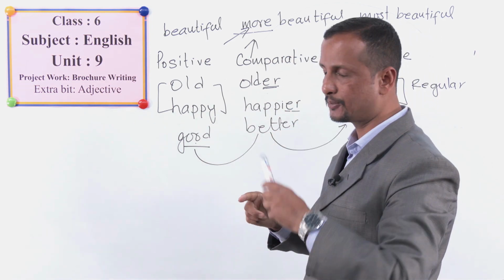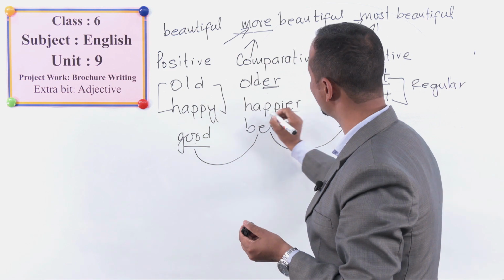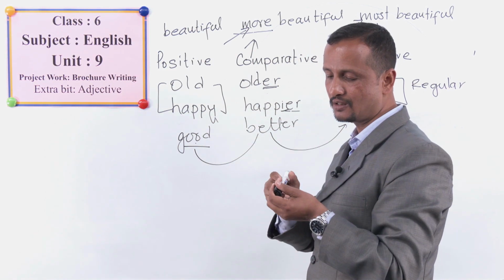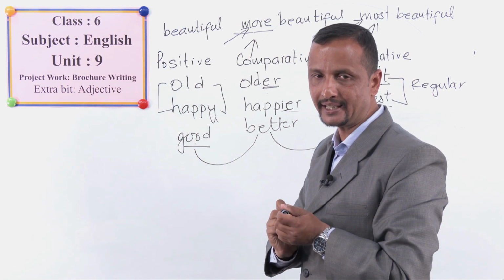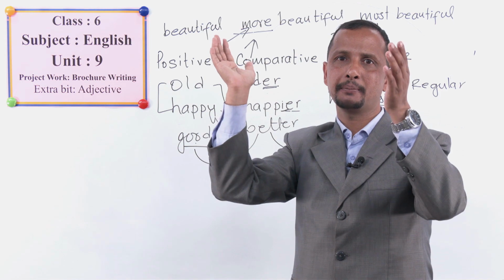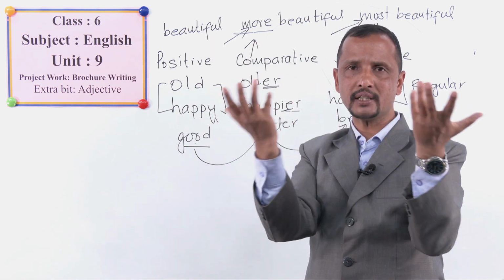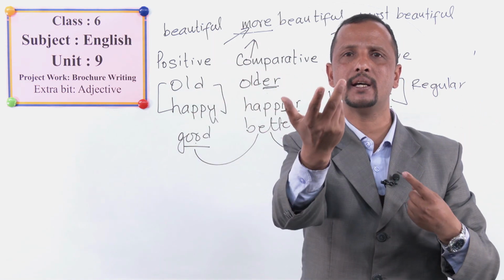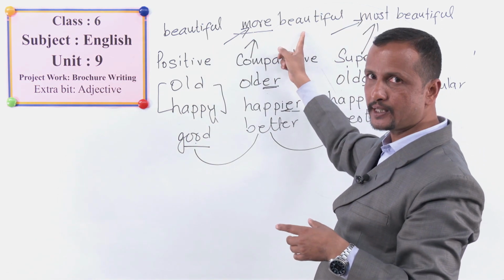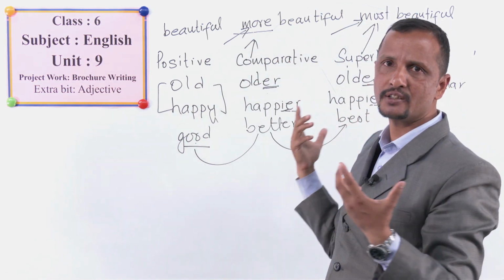One more point you have to understand: why does y always change into i? And let's see here, beautiful. How many times? Beautiful, three times. More than two, then what do we have to add? More for comparative, most for superlative.